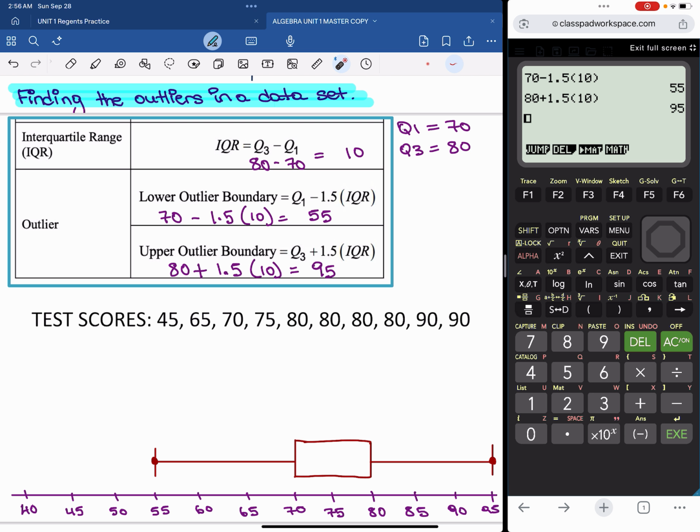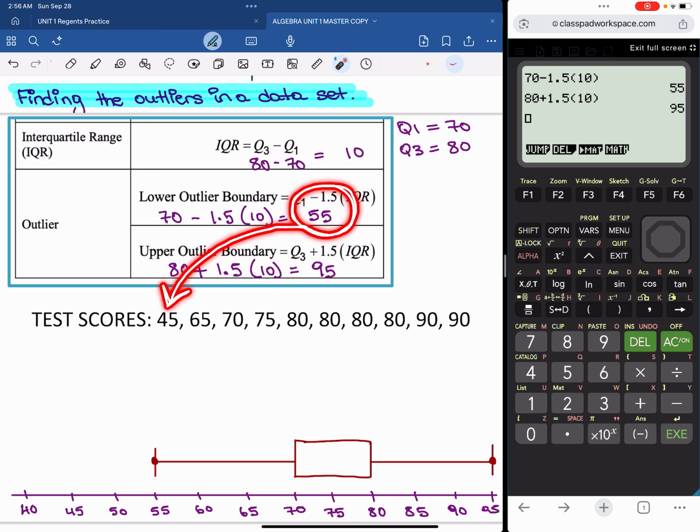Next, if we want to determine whether there are outliers on the lower fence or the lower side of the data, we're going to look at our lower boundary number, which is 55. So we're going to look at our data set to see whether we have values that are smaller than 55. And yes, we do. 45 is smaller than 55.